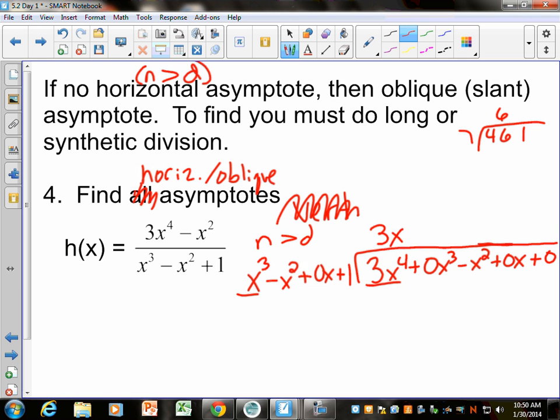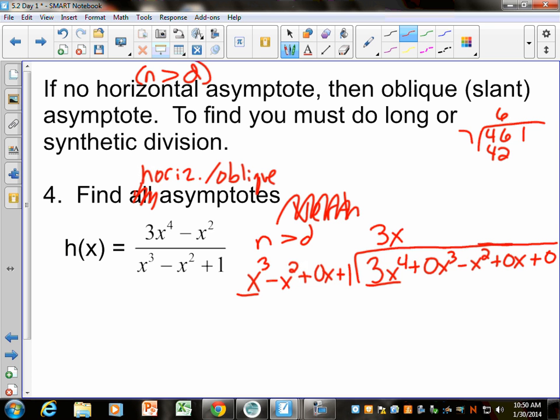And this seems like a really long problem, but there's a bunch of stuff to multiply, so it's not really that bad. But watch your signs here. Just like here, we would take 6 times 7 and get 42. We're going to take 3x times everything here, and that's why you have to fill your zeros in, so everything will line up.